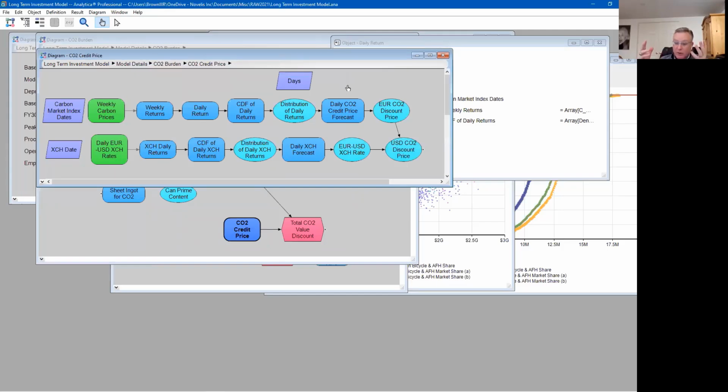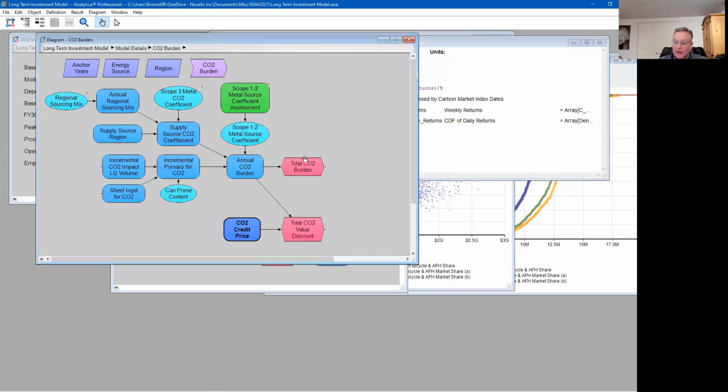Now, again, this represents a price. It's a mythical price, a hypothetical price that we would apply against that CO2 tonnage that we produce as product. And I would multiply that CO2 burden times the credit price that I've just generated. And that number would then go back out to my strategy net present value calculations.